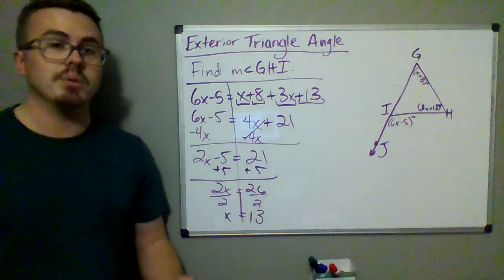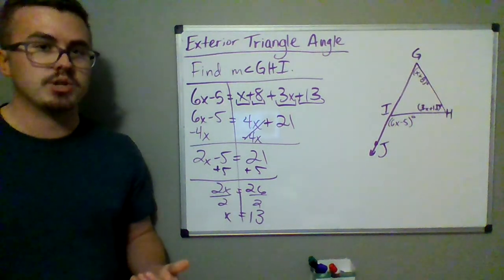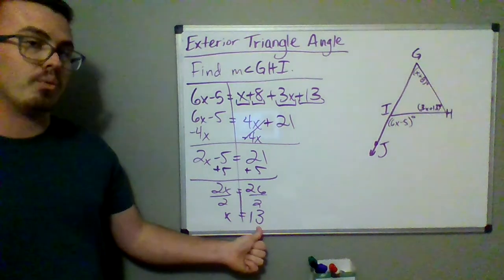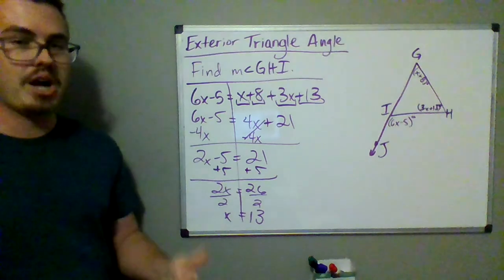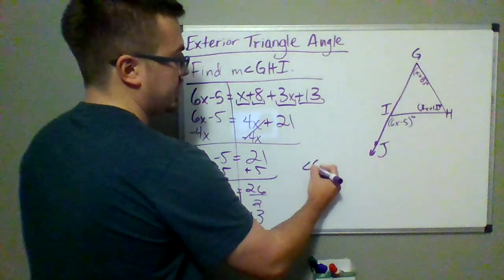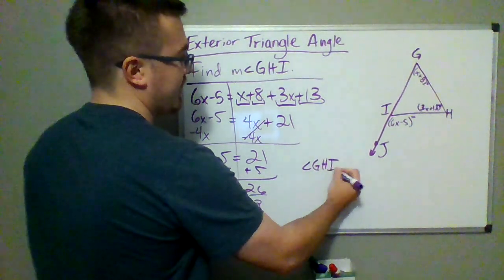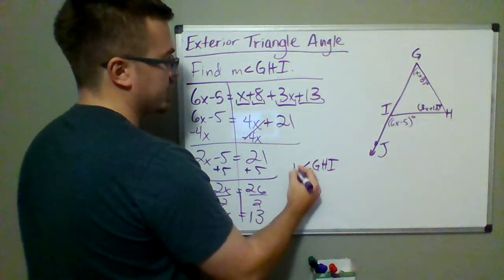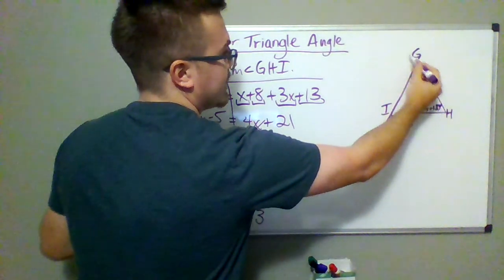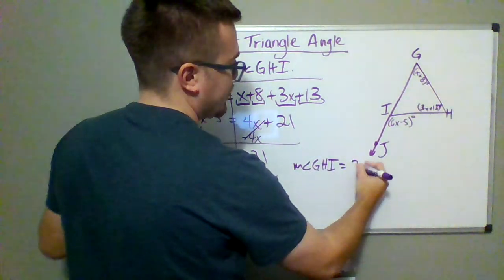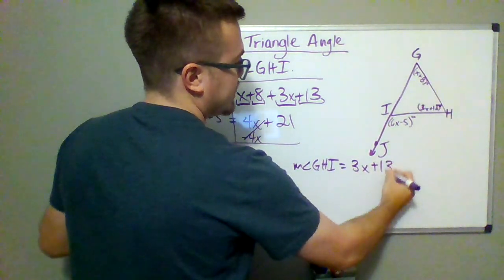Now, again, double check to make sure that we're doing this correctly. We found x, but we're not done with the problem. We have to find the measure of GHI. So the measure of angle GHI, that little m just means the measure, is equal to 3x plus 13.